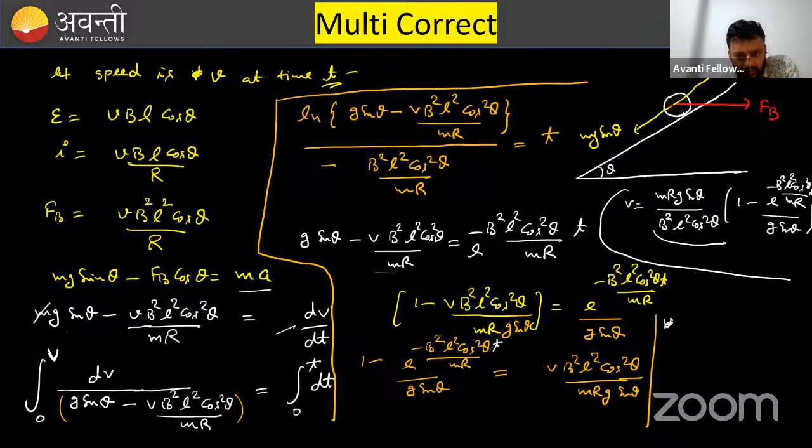What we did here: 1 minus e raised to the power this much, v b square L square cos square theta upon m r g sin theta. This one here. Now v is equal to mrg sin theta over b square L square cos square theta.